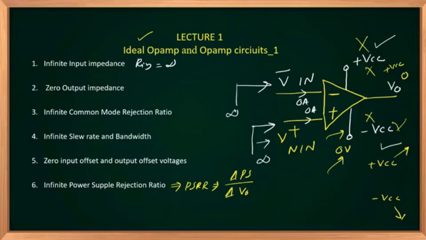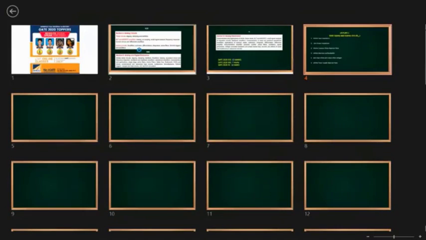It implies the input terminals of your op-amp never draw current from your input circuitry. Since the op-amp does not accept input current, we can say that the op-amp is a voltage controlled device, because it never draws input current, so you cannot control the op-amp by applying current sources or current signals at the input side. So Rin is infinite.